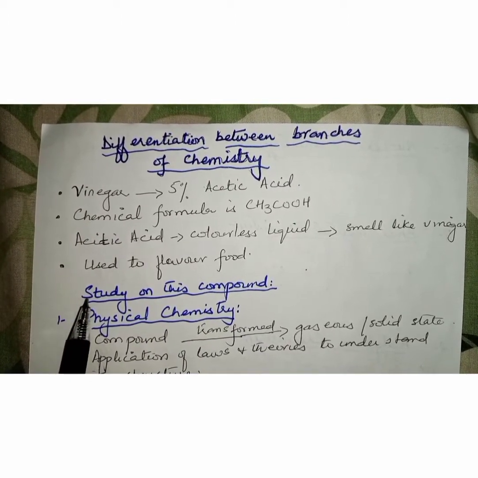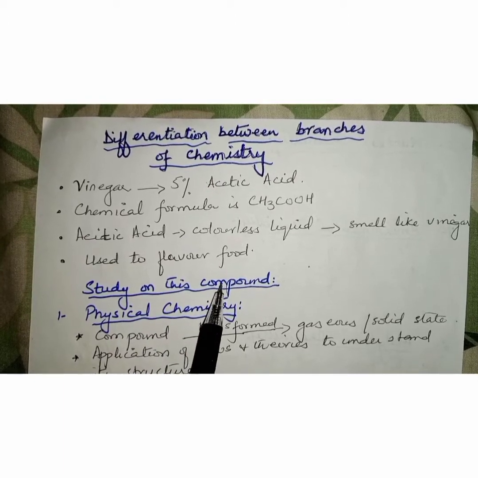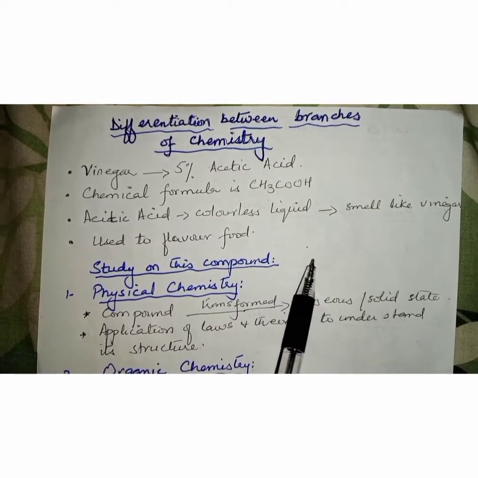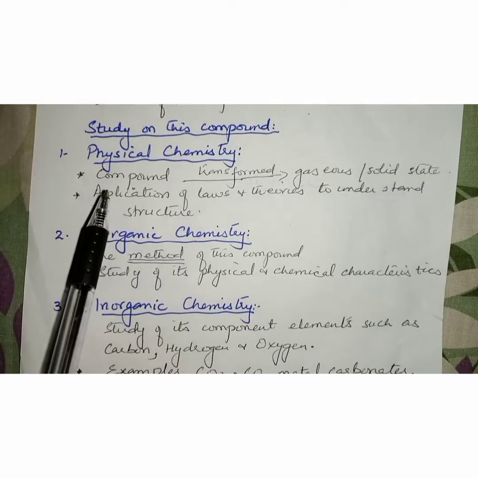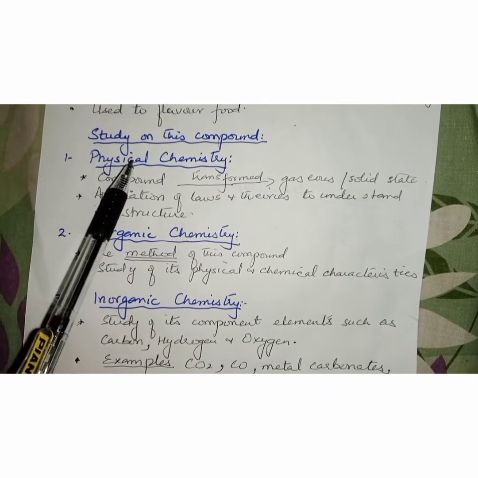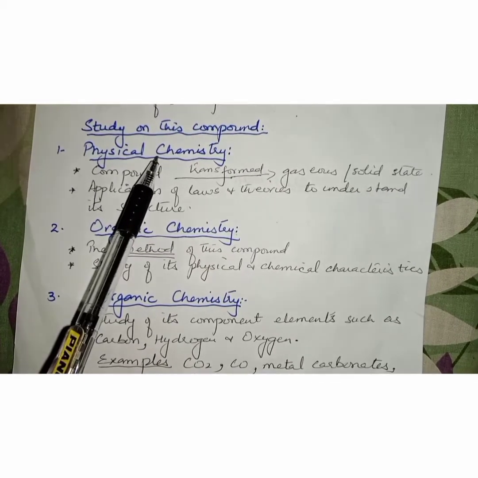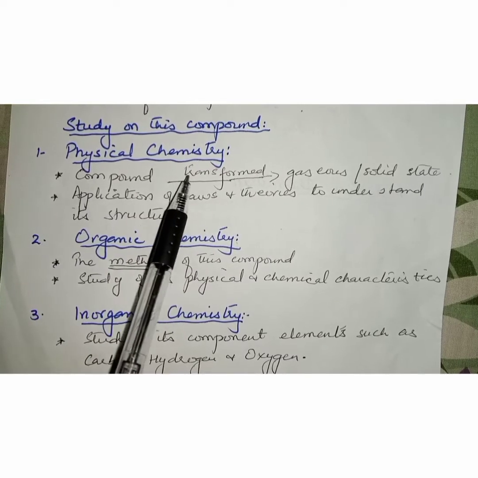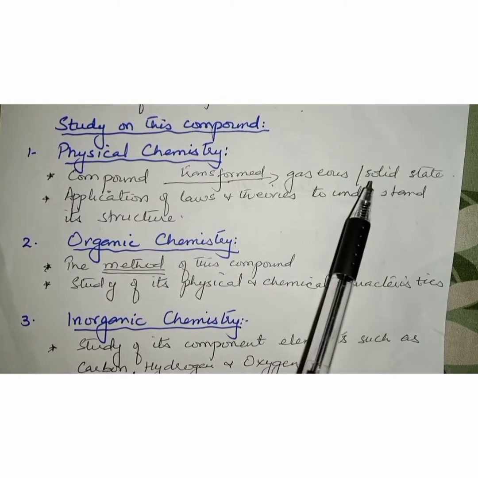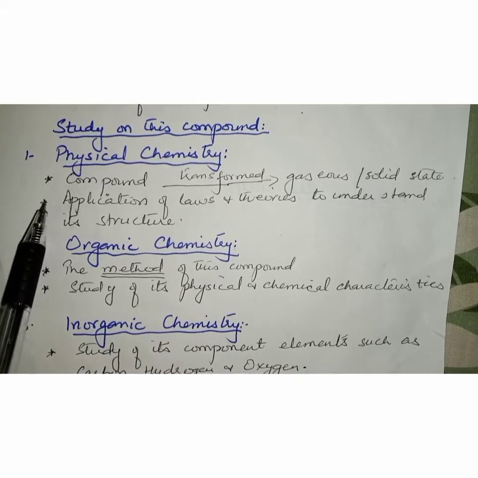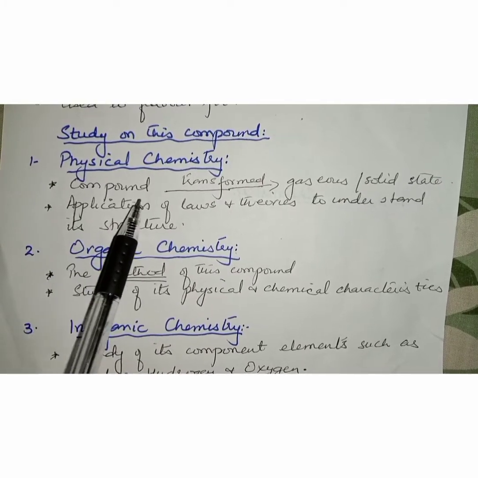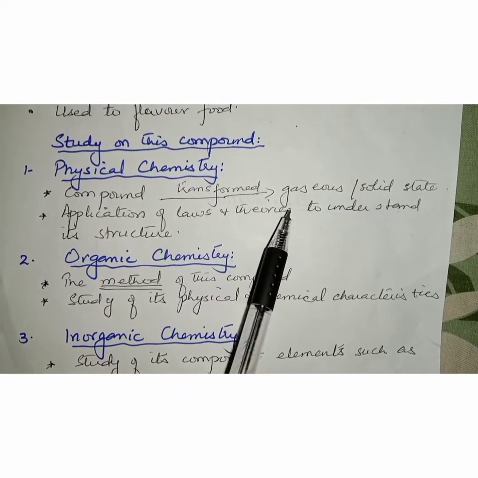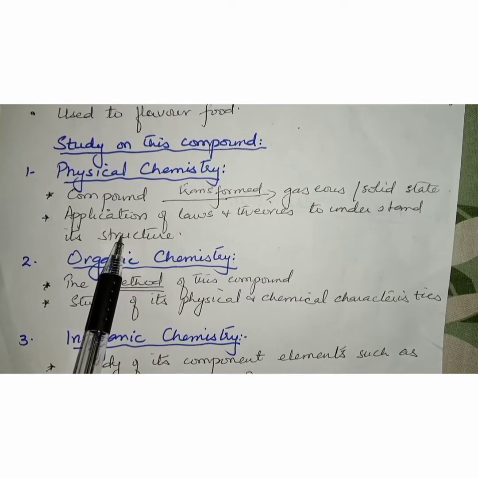Now, students, the study of this compound can make us understand the different branches of chemistry. The first branch of chemistry is physical chemistry. When this compound is transformed into gaseous or solid state, and the application of laws and theories to understand its structure, is called physical chemistry.